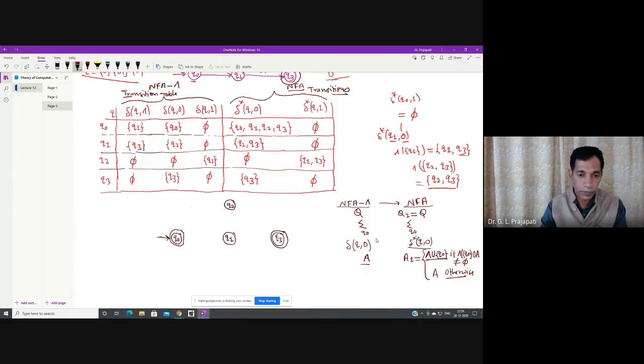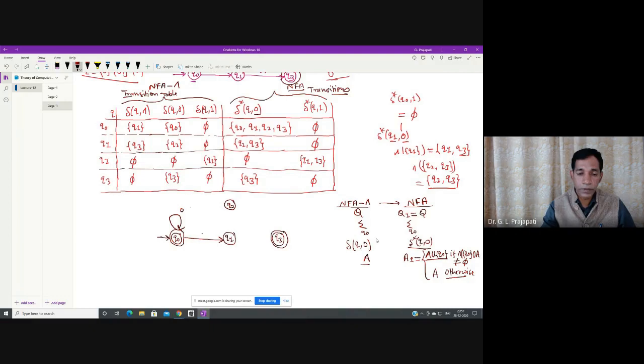So whenever you are at Q0 and you have the input 0, you are going to Q0, Q1, Q2, and Q3. From Q0 you can remain in Q0, which is a kind of loop, or you can go to Q1.